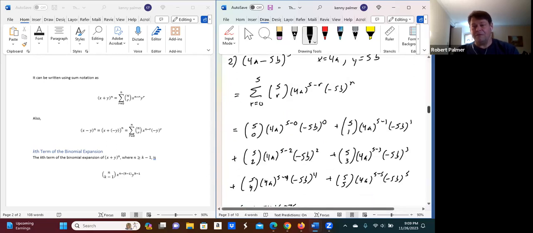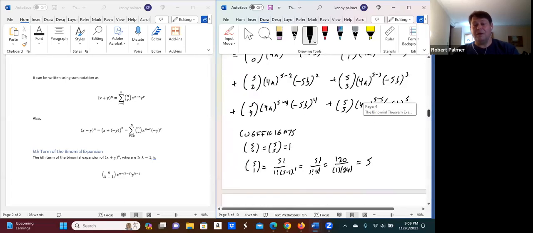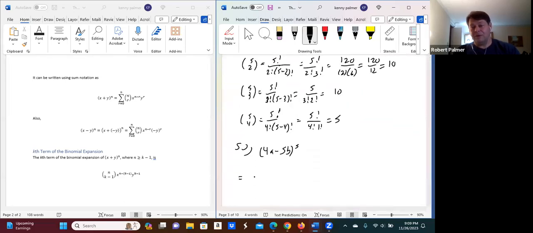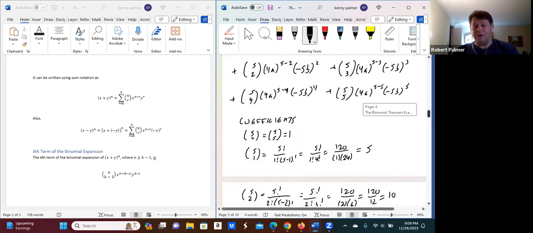And we have 4a to the 5th. And then, of course, negative 5b to the 0 is just 1. And so this is just going to be 4 times a to the 5th. Okay. Then either plus or minus, maybe minus for our next term. 5 over 1, we said it was 5.